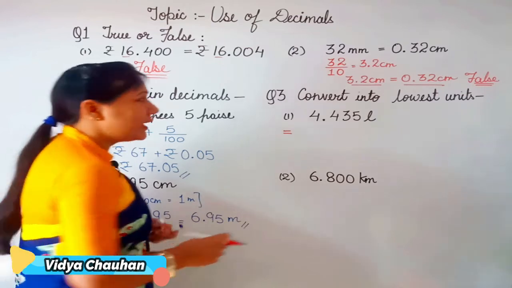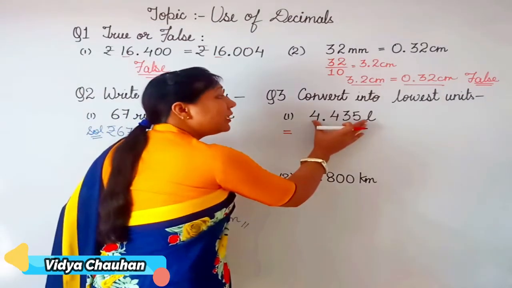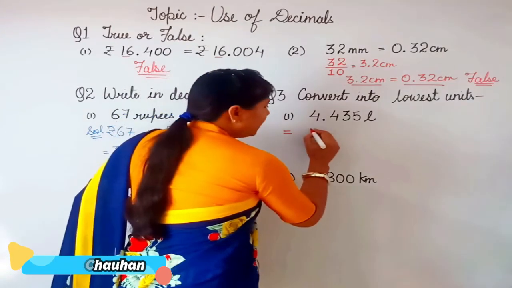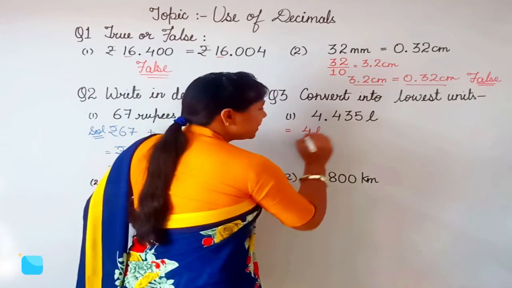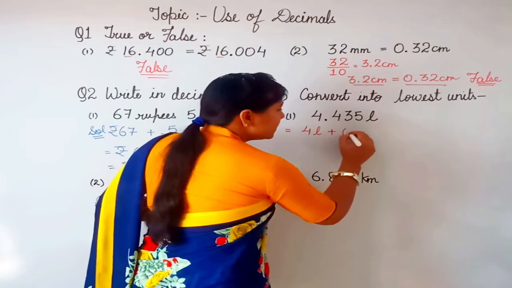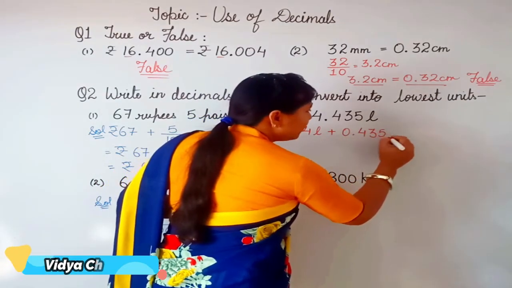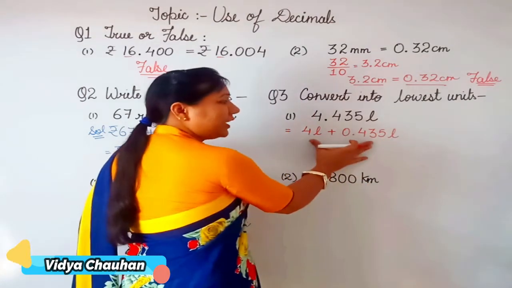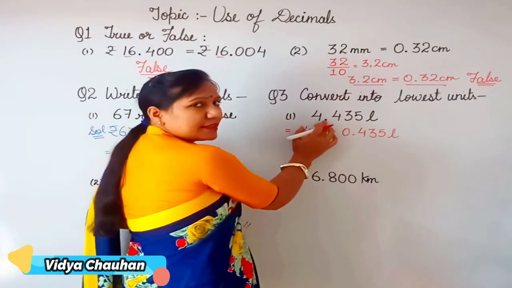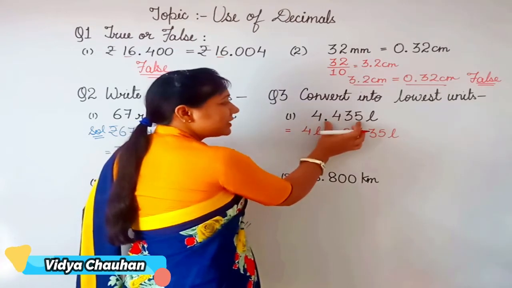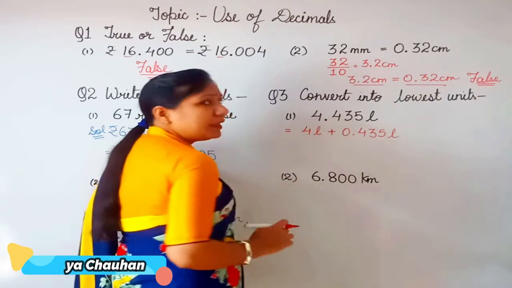We have to write that without decimals. We can write it as 4 liter plus 0.435 liter. I have separated both values at the decimal place: 4 liter, and after the decimal 0.435 liters.